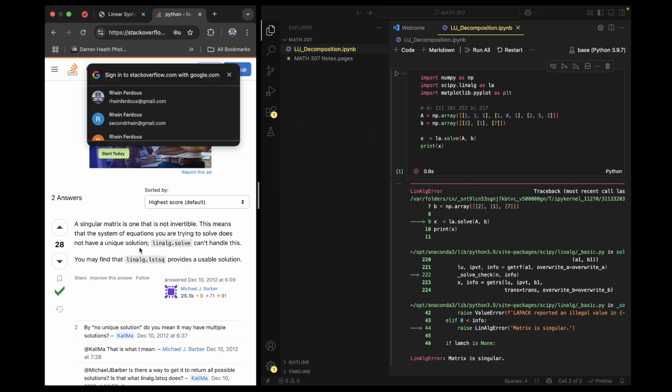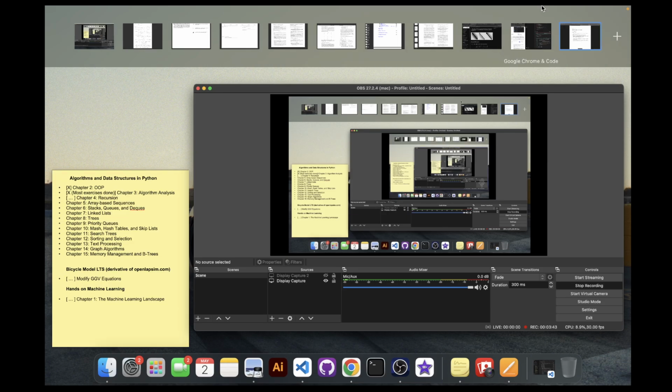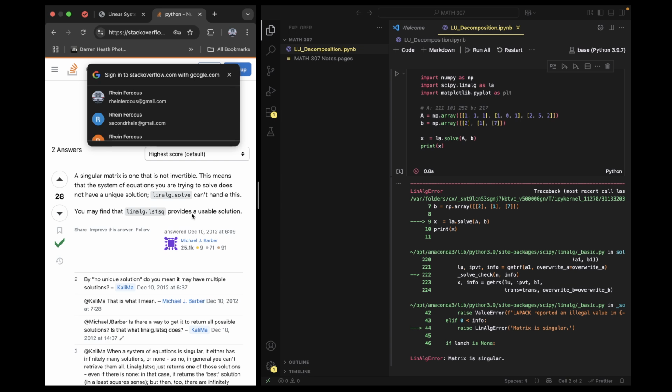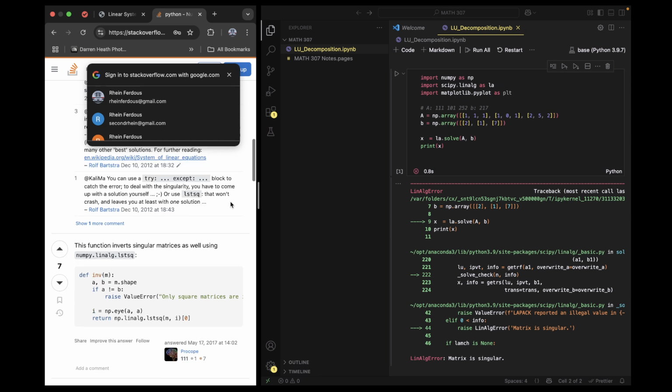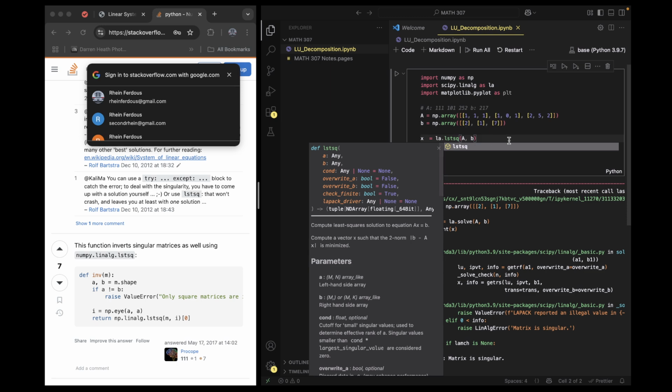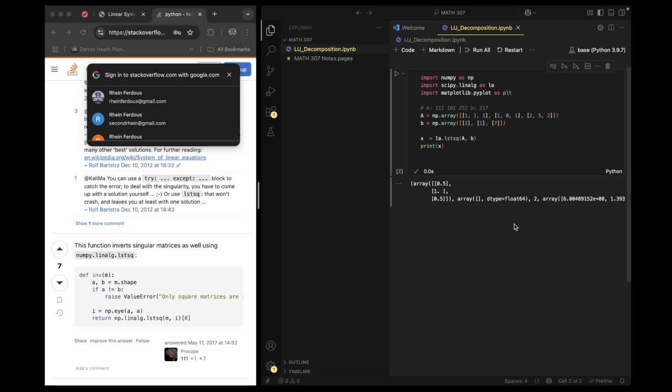This means that this is really weird. What if we try lstsq?